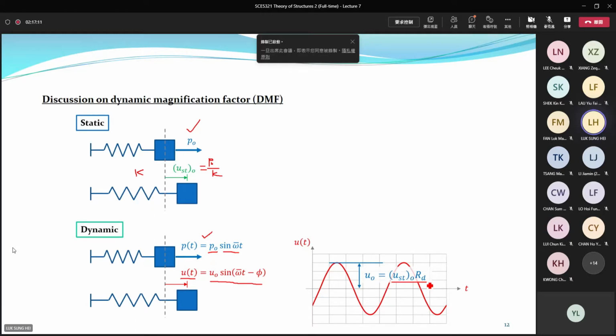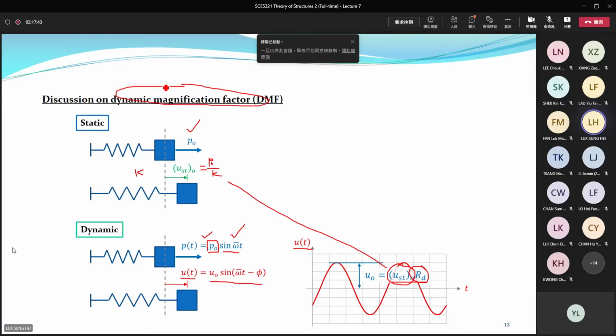So you can see that for a dynamic system under a sinusoidal force, the force has the same amplitude. We observe that the displacement for a dynamic system is now equal to the static part, from our static problem, multiplied by a modification factor, RD. RD is called the magnification factor, dynamic magnification factor.